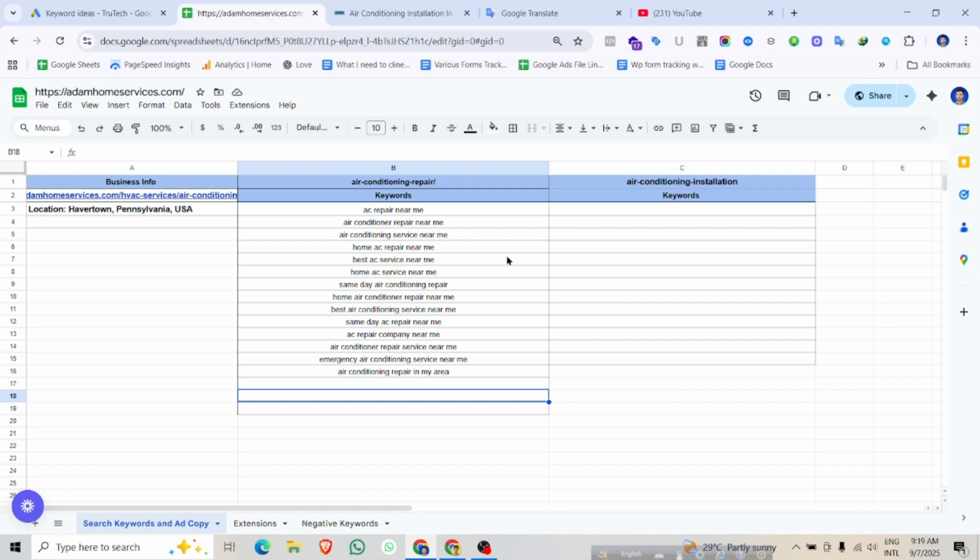So you need to include the best negative keywords for this specific ad group. You can also include repair as a negative phrase match for this ad group. Your service is installation, not repair. When a person searches for installation, they need a new AC installed, not repaired. So you can put repair words as negative phrase match for this specific ad group.